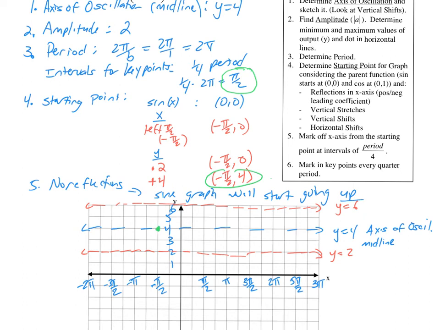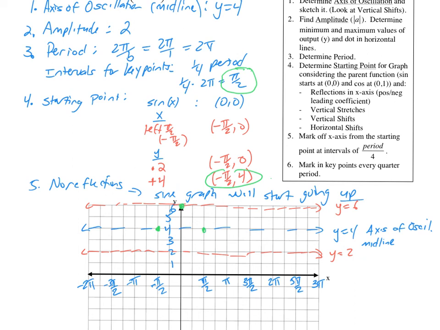And now a sine function normally will start going up as we go from left to right on the parent function. And since this graph has no reflections at all, this will also start going up. So from the point we plotted, negative pi over 2, 4, the next point as I go to the right will be at a maximum, so 0, 6. The next point will be back at the midline, pi over 2, 4.